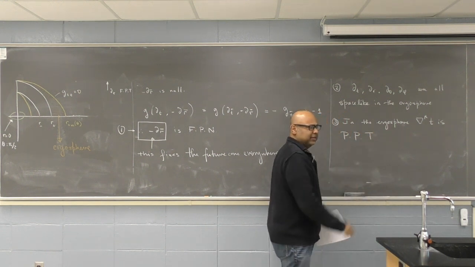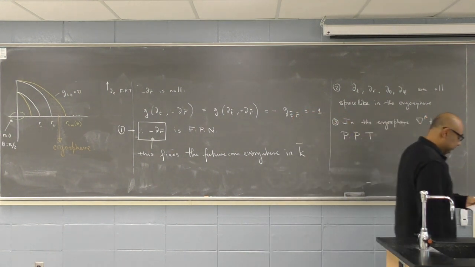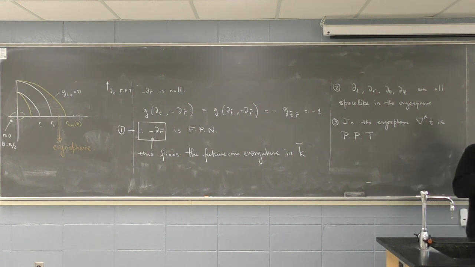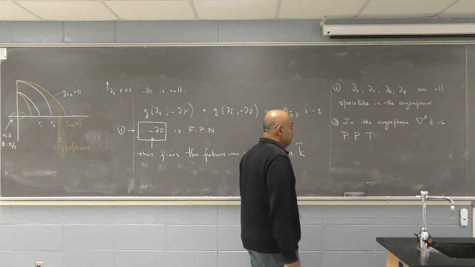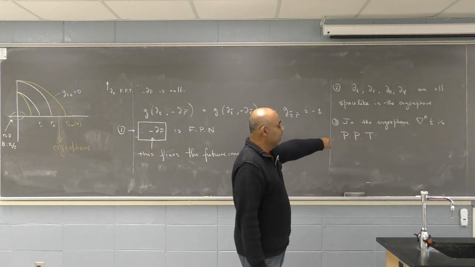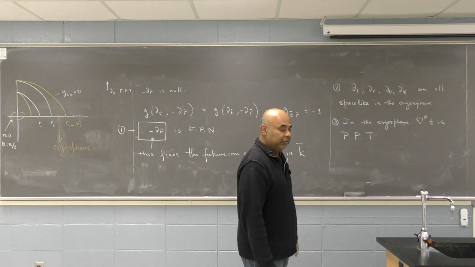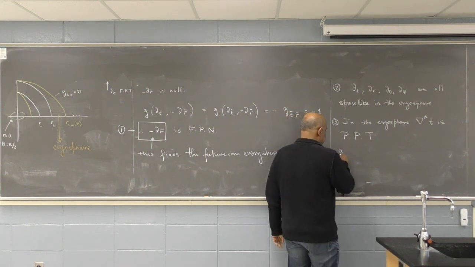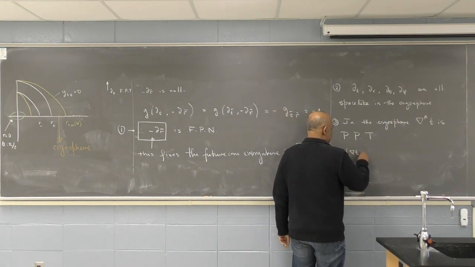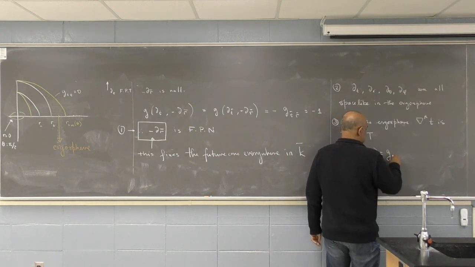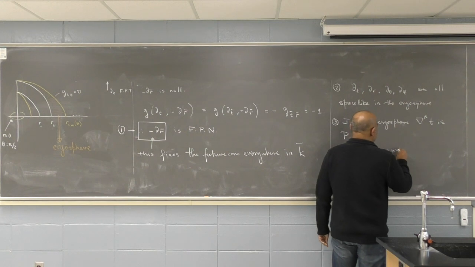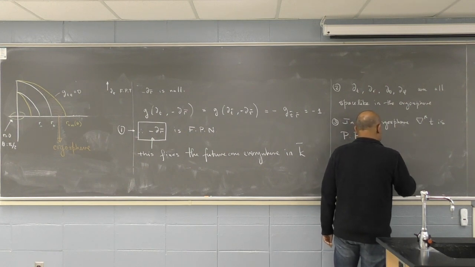You can see the advantage of my notation here. In the ergosphere, the gradient of t is past pointing time-like. First of all, let me show you that it's time-like.